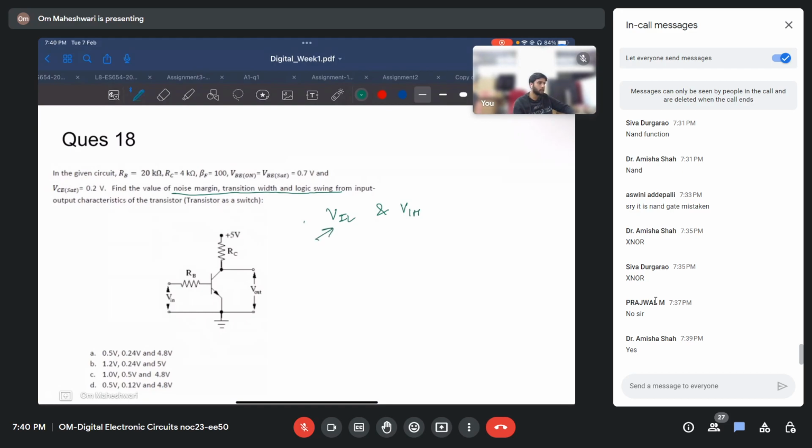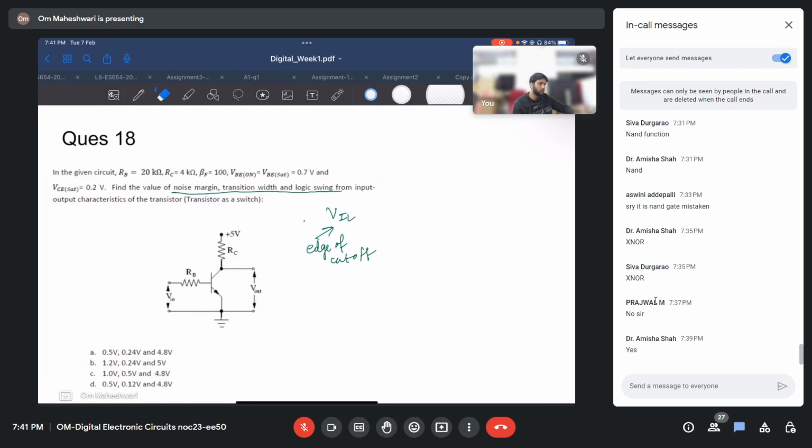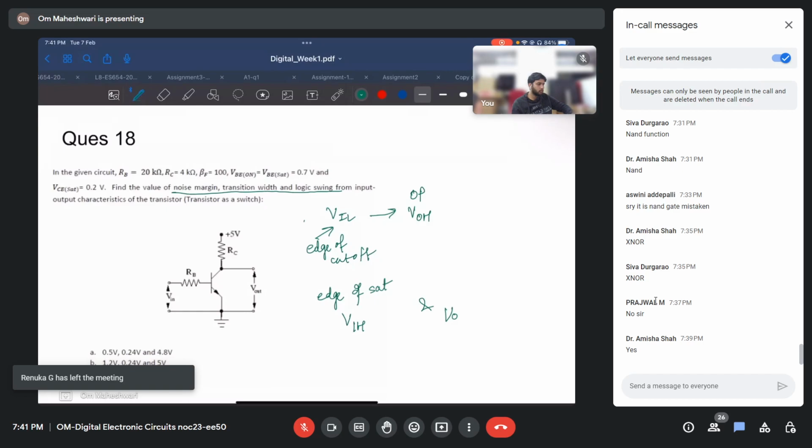VIL is the voltage required just at the edge of cutoff, and VIH is the input voltage at the edge of saturation. At the edge of cutoff the output is VOH, and at the edge of saturation the output is VOL. So VOL and VOH are outputs, and VIL and VIH are inputs.